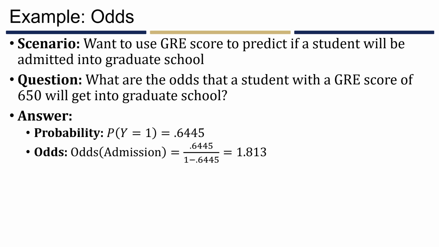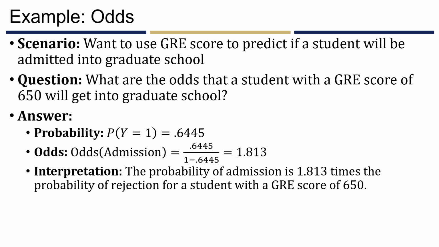That ratio gives us 1.813. What this number means in context is that the probability of being admitted into graduate school is 1.813 times the probability of being rejected for a student who has a GRE score of 650. So the student who scores 650 on the GRE is almost twice as likely to be admitted compared to being rejected.